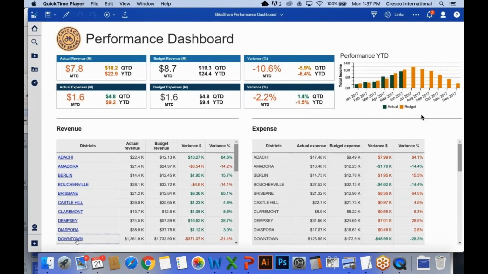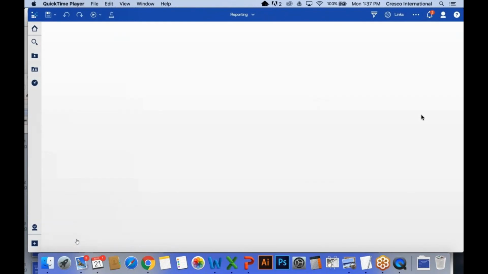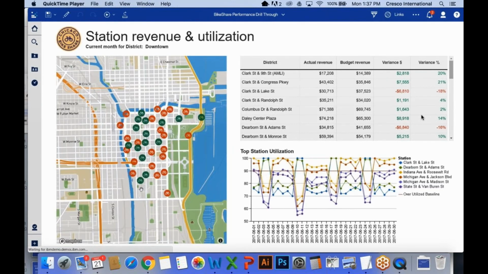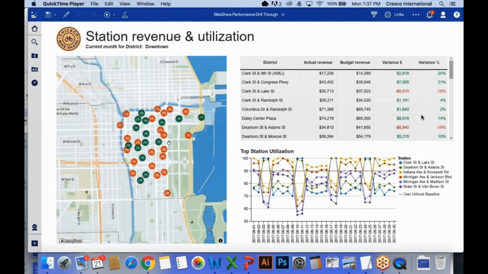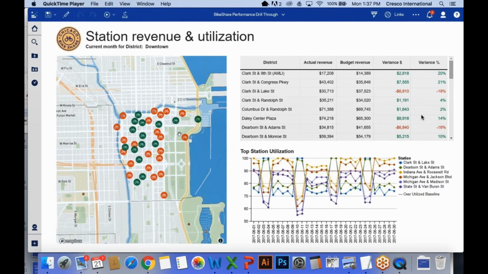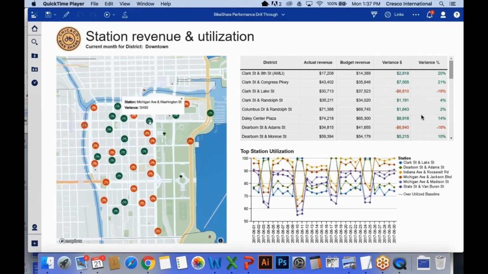I can drill into this downtown area and get another report running that shows me not just from a map perspective where my different utilization is, but I'm able to zoom in and zoom out all the way down to street level, zip code level, and try to find out why I am doing better in certain locations.